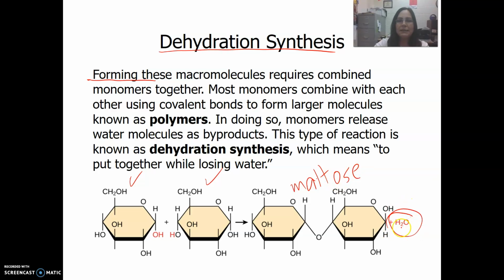So that's why it's called dehydration, because a water molecule is removed from the reactants and water is given off as a product. So in other words, the reactants lose water. So dehydration synthesis is the way that polymers are formed.